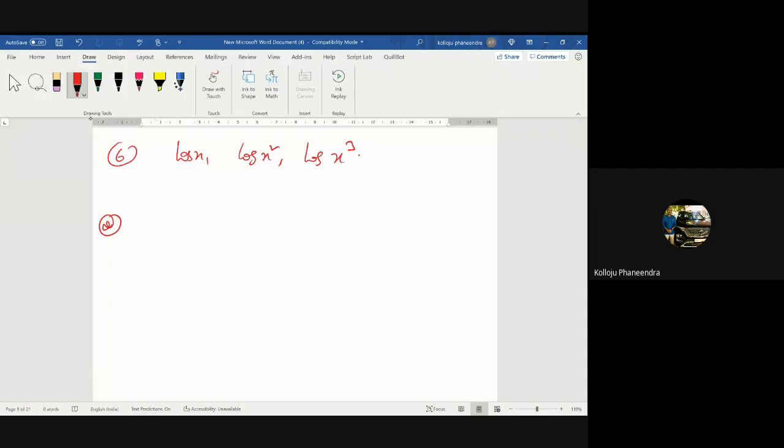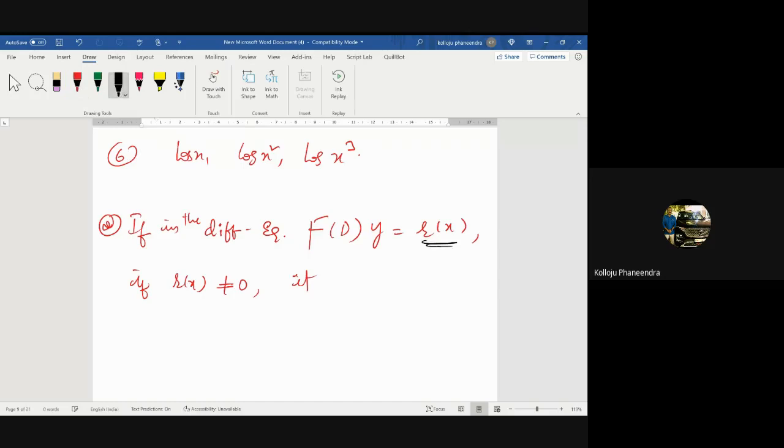In the differential equation F(D) y equal to R(x), you know this operator form, right? If R(x) is not equal to 0, that means this right side function is not equal to 0, then it is called a non-homogeneous differential equation.